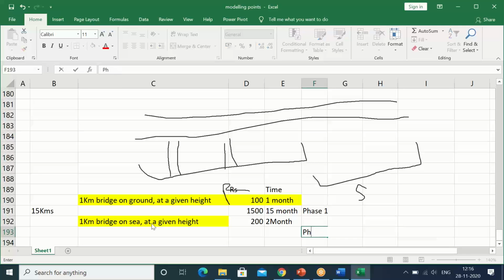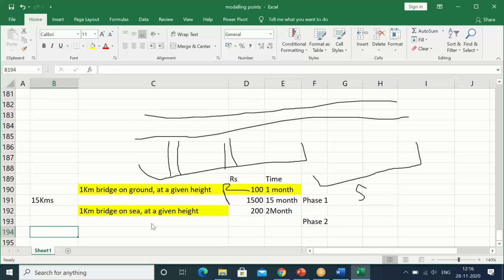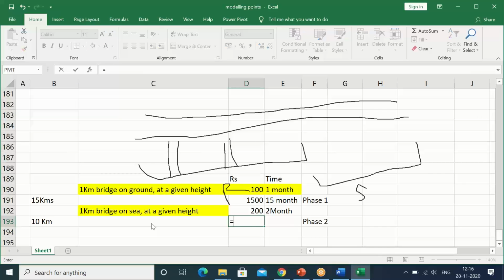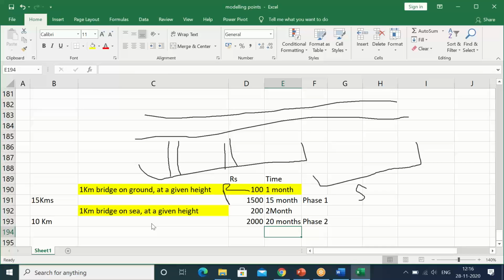So what I did, I said, okay, let's do this in phase 2. And let's assume the total stretch above the sea is 10 kilometers. What is the total cost? This into 10, and this becomes 20 months. So you now have the cost and time for both phase 1 and phase 2. Any questions on this? Any doubt? Please, very important.